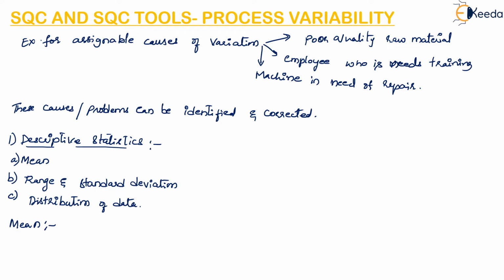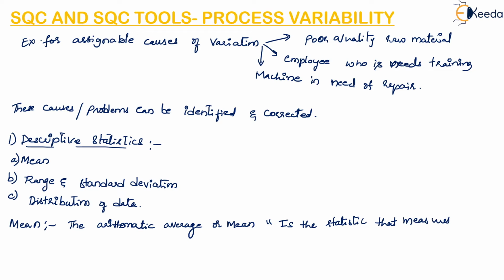The arithmetic average or mean is the statistic that measures the central tendency of a set of data.